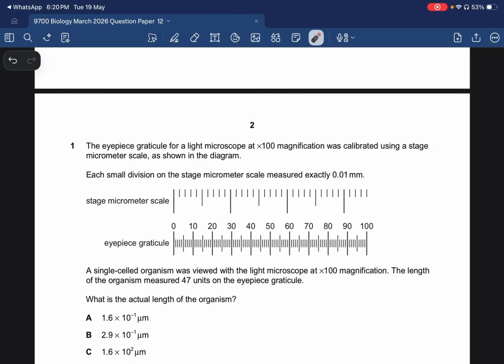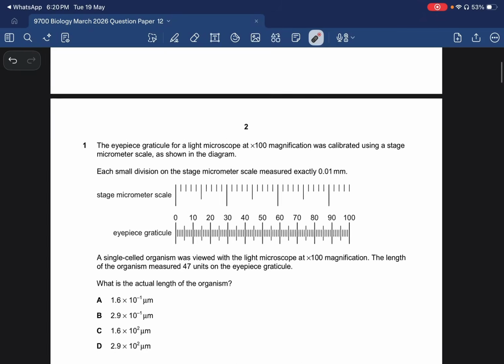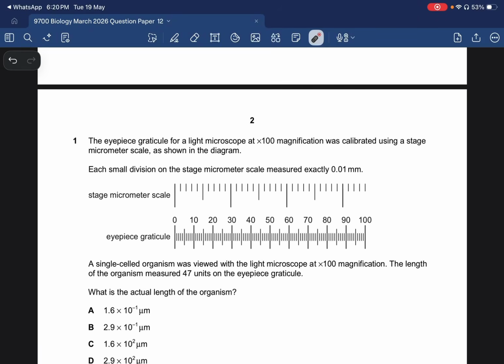So what you're doing is calibrating the eyepiece graticule using the stage micrometer. Now, how do you calibrate an eyepiece graticule? Well, here's how we do it. Each small division on the stage micrometer scale measured exactly 0.01 millimeters.